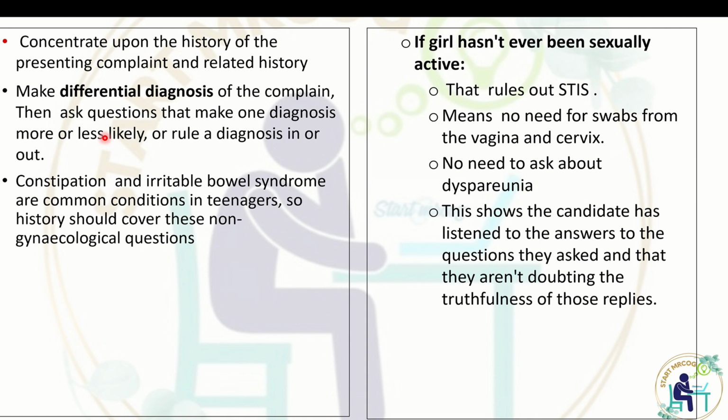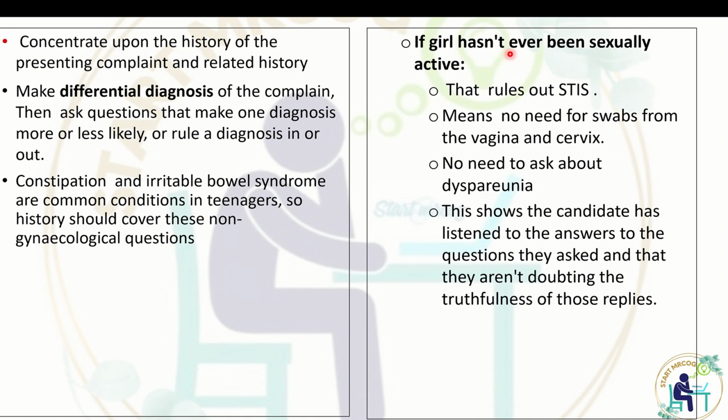When you find out the patient's complaint in the GP letter or from the patient's own complaint, you have to make a differential diagnosis. Then ask questions that make one diagnosis more or less likely, or to rule a diagnosis in or out. Constipation and irritable bowel are common conditions in teenagers, so the history should cover them in the non-gynecological questions.